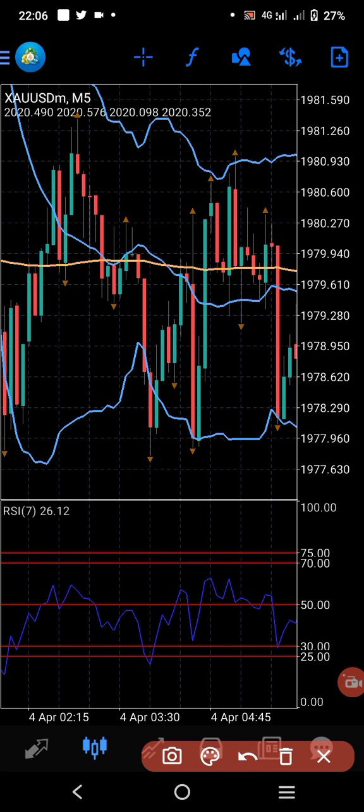By so doing, remember our take profit point is at this point, the center line. If you want to wait for the market to fly down as it did at this point, you have to lock your profits, lock your trade at this point. Then you can be profitable if the market eventually pushes up.